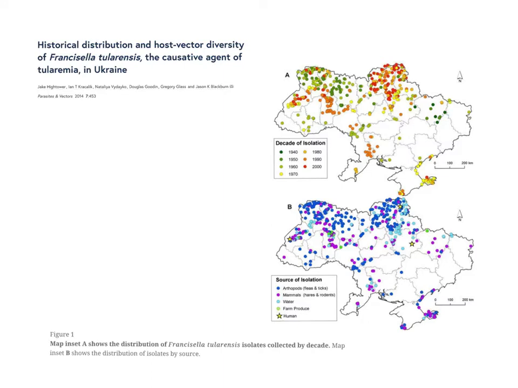And we have individual points reflecting where Francisella tularensis was isolated. And we have this point map, a color ramp from green to red. The closer we get to red, the more recent the event. The closer we get to green, the older the event. I use this as an example to contrast what I showed you earlier in Georgia.